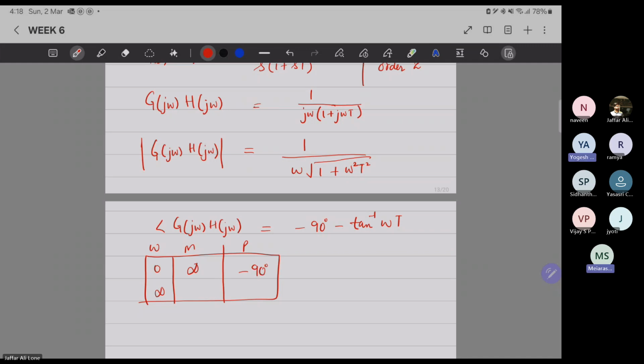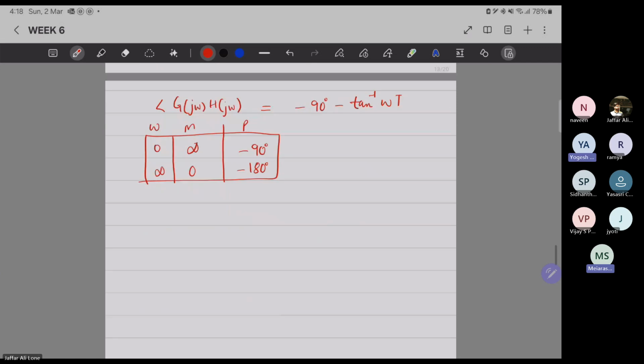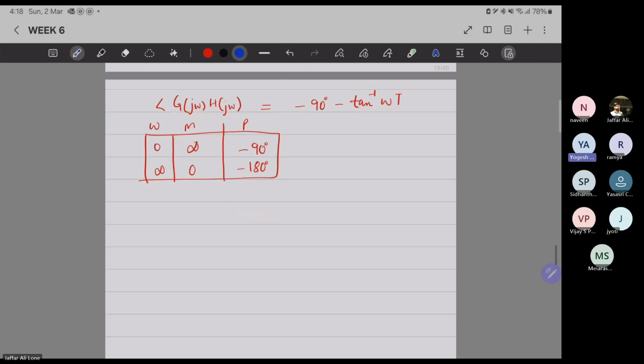Minus 90. Yeah. Similarly, when I put omega equal to infinity, my magnitude will be 0 and my phase will be minus 180, because of the two poles, it will get added. Yeah. It's actually like that.